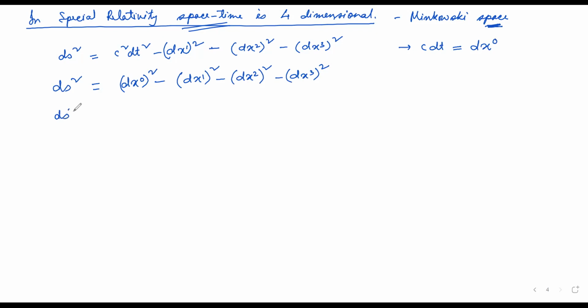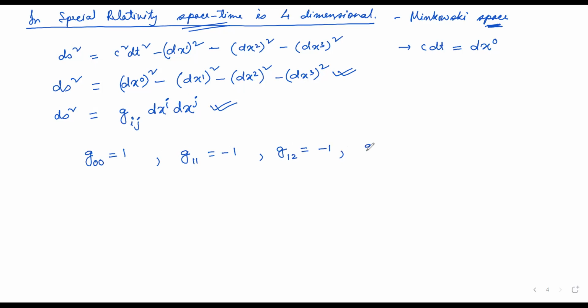And if you compare it with the expression for the metric tensor, which is gij dxi dxj, what do you get? We get g00 equal to 1, g11 equal to minus 1, g22 equal to minus 1, g33 equal to minus 1.